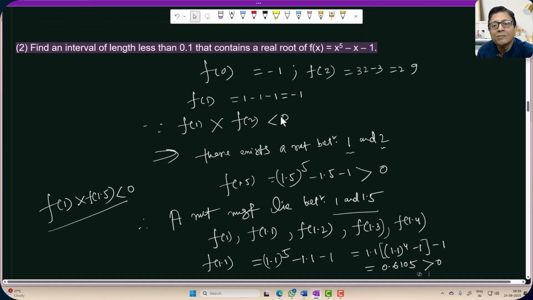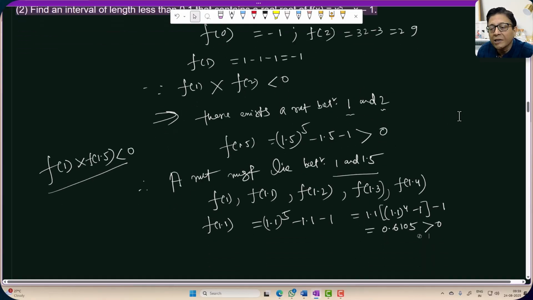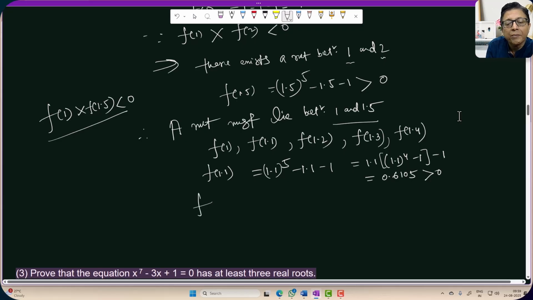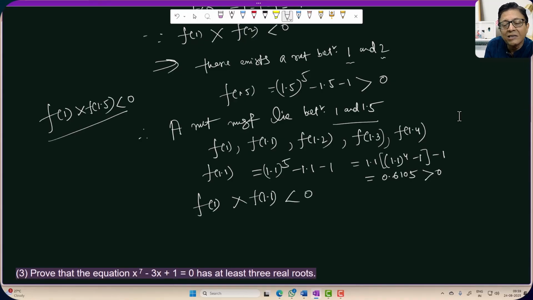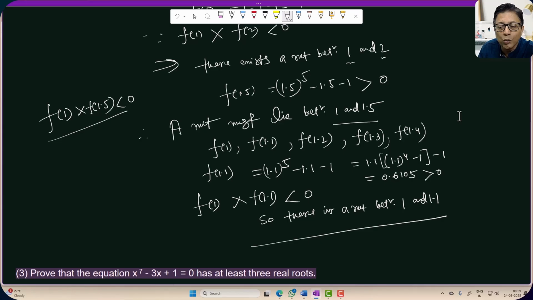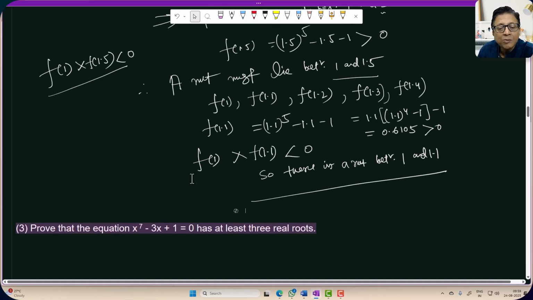So f(1) is negative, and since f(1) into f(1.1) is less than 0, there is a root between 1 and 1.1.